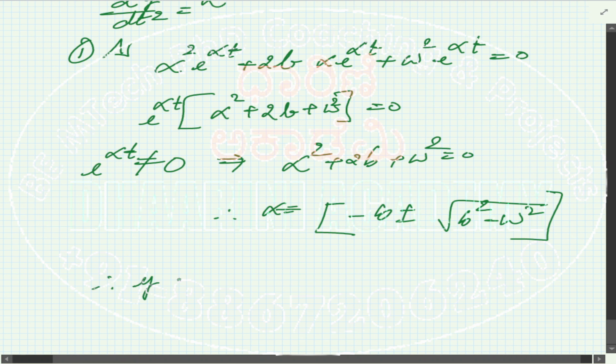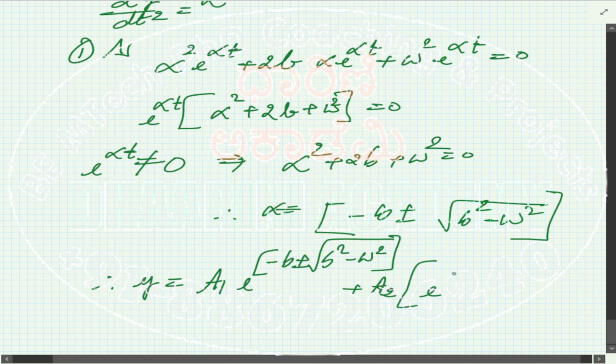Therefore the final answer of y will be a1 into e to the power minus b plus or minus root of b square minus omega square first one, plus a2 into e to the power minus of b plus or minus root of b square minus omega square.